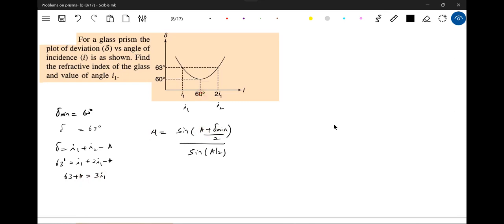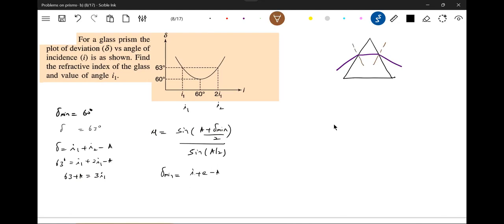We know at minimum deviation, once again I'll take you to the basic idea. At minimum deviation, we have a condition like this: I equals E, this is R1.